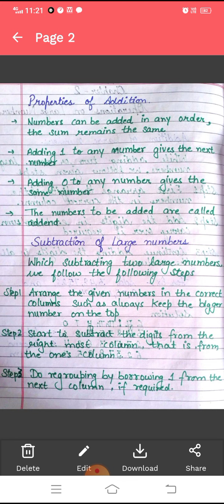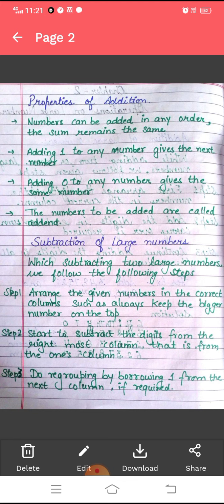Now we will talk about the subtraction of large numbers. How to subtract large numbers? We have to follow the following steps. First step, arrange the given numbers in the correct columns, always keeping the bigger number on top, like in the place value chart, and the smaller number is written under the bigger number.